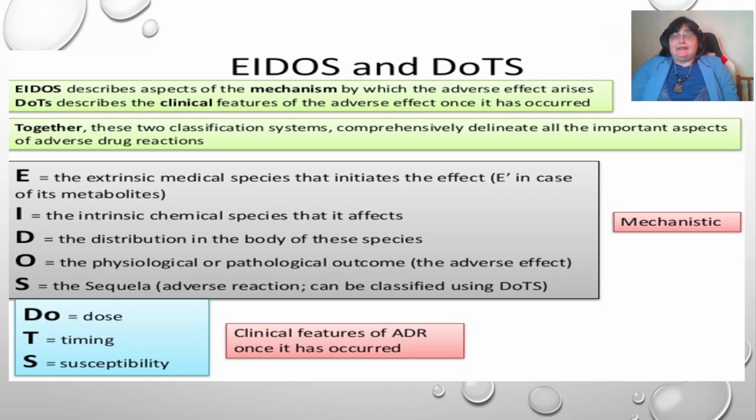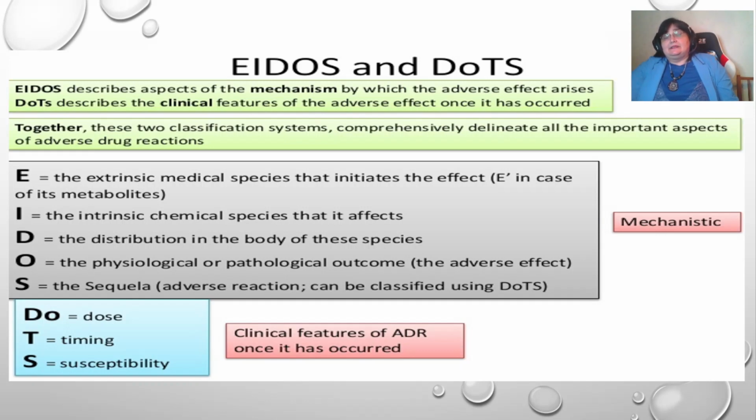Together, these two classification systems comprehensively delineate the important aspects of adverse reactions, taking into account the extrinsic chemical species that initiated the effect, in case of its metabolites, the intrinsic chemical species that it affects, the distribution in the body of these species, the physiological or pathological outcomes, the adverse effect, and the sequelae.